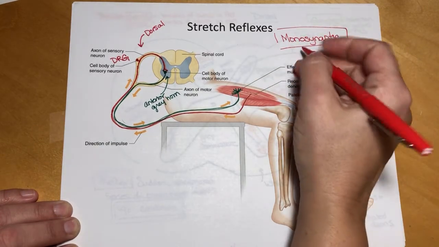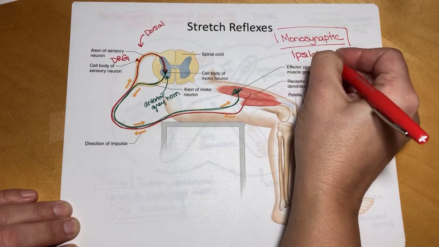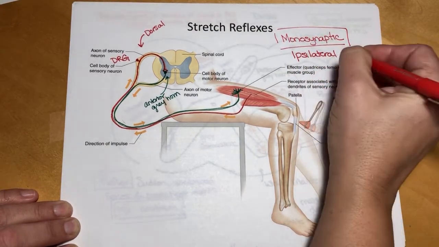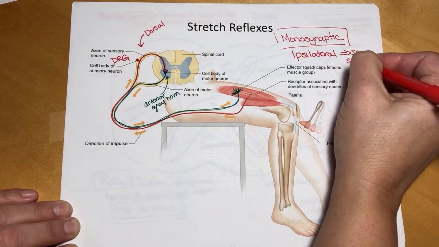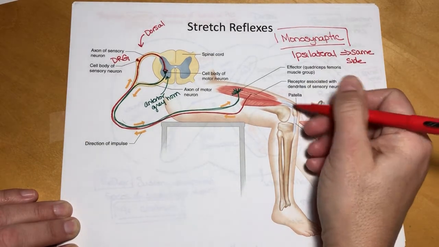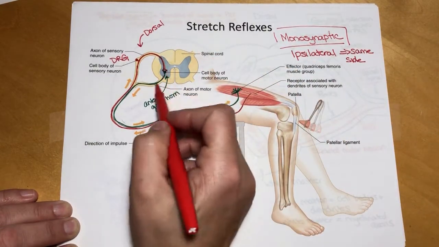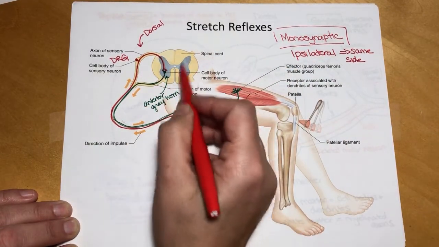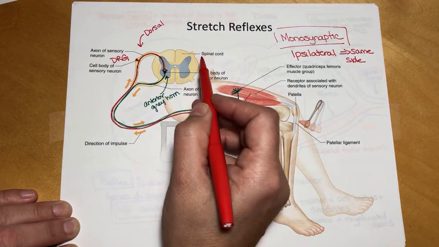The other thing is it's called ipsilateral, which means it's happening on the same side. So if he hits your right leg, the right leg will kick out, and you'll notice it's all on the right side of the spinal cord. Nothing has crossed over the gray commissure. Remember, that's the gray commissure here.